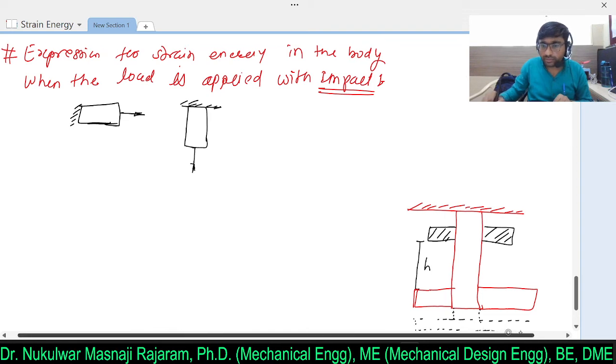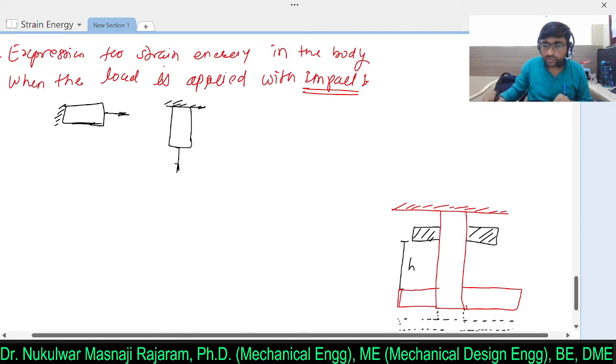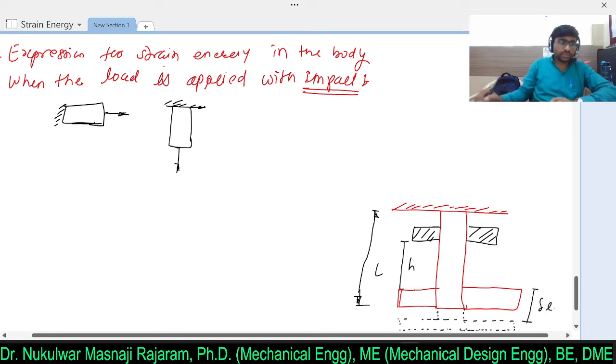Try to understand. This will be the deformation of the body. Now if I consider the length of the rod is this much, and if you see the deformation of the body, so I can say this is delta L. Clear.